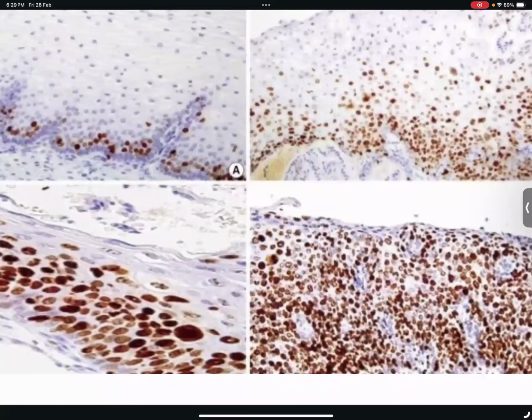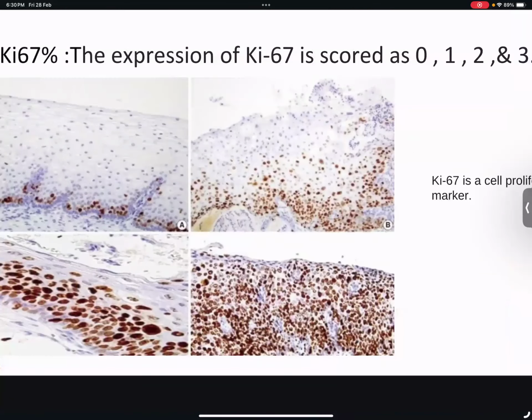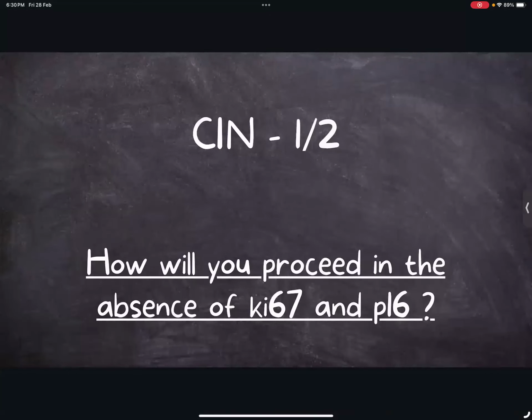And in full thickness dysplasia or CIN 3, it stains the entire epithelium. So we differentiate whether this is a low grade or high grade dysplasia.